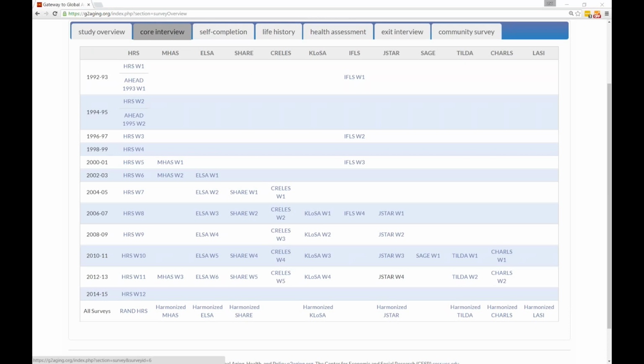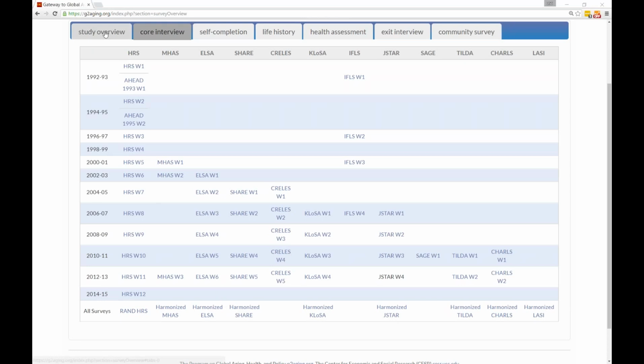So this chart is helpful if you want to compare things in the same year across the globe. For instance, if we're interested in looking at 2012, we would want to use HRS wave 11 for the United States, MHAS wave 3 for Mexico, and ELSA wave 6 for England, and so on and so on.